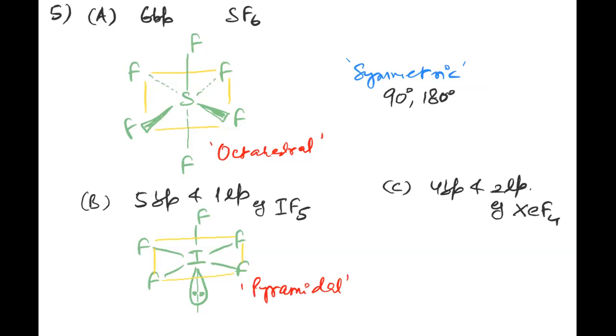And in the case of XeF4, it is xenon, this fluorine going inside the surface of the board, this fluorine coming outward, this may be another fluorine here, and this may be another fluorine atom here.